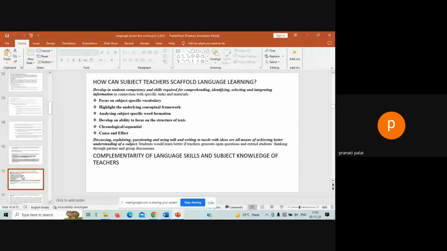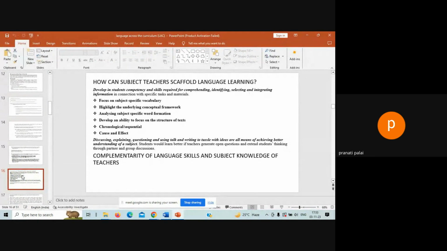Discussing, explaining, questioning, and using talk and writing to tussle with ideas are all means of achieving better understanding of a subject. Students learn better if teachers generate open questions and extend students' thinking through partner and group discussion. So the focus point is that we should not ask students close-ended questions.